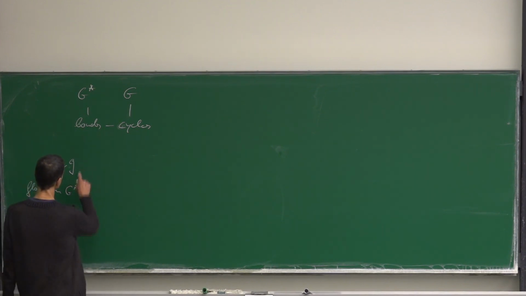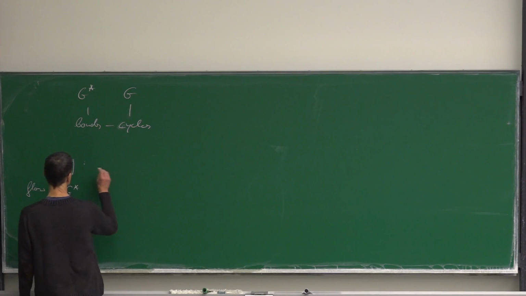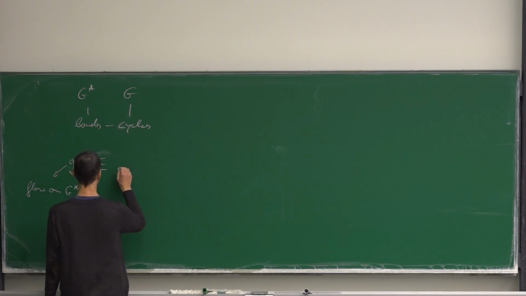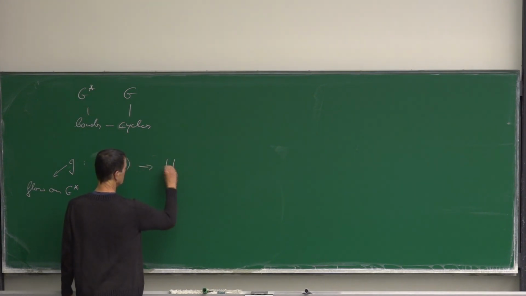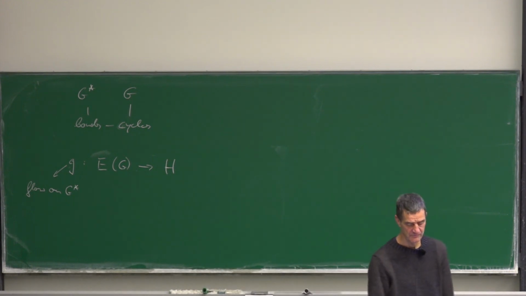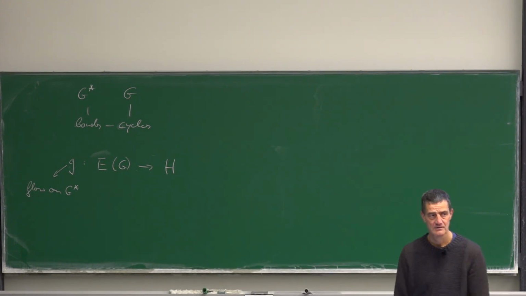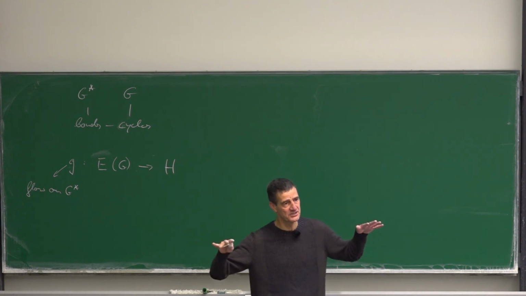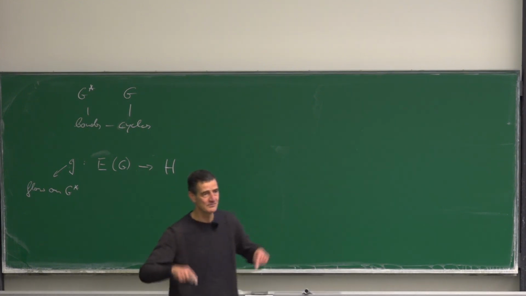So if we consider that, then we can also view it as a map from the edges of G to our favorite abelian group H. So, warning, I've already started cheating, and I'll cheat a little more.